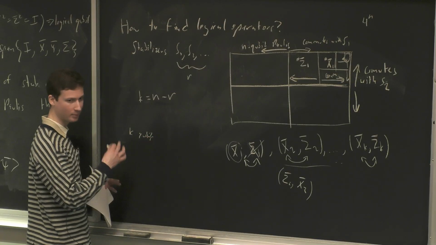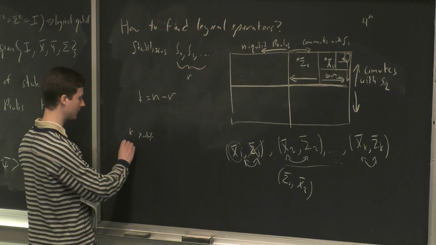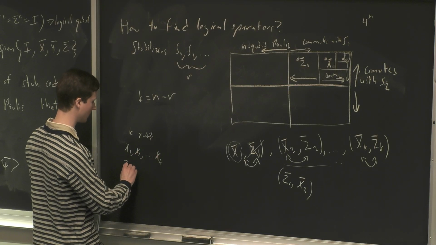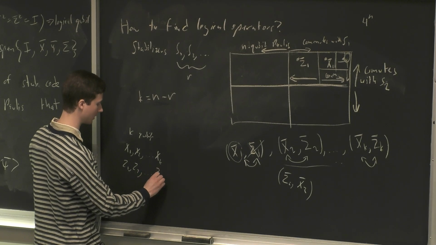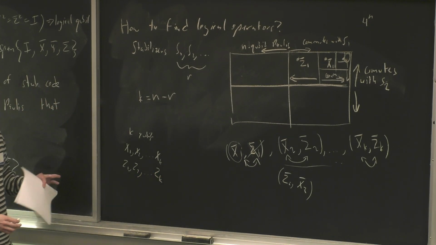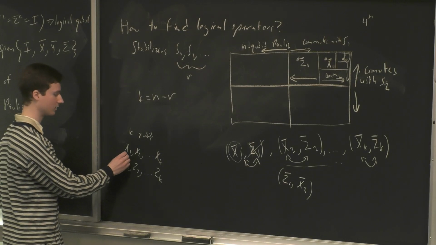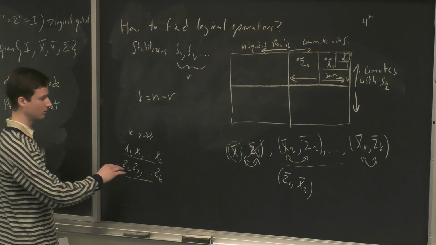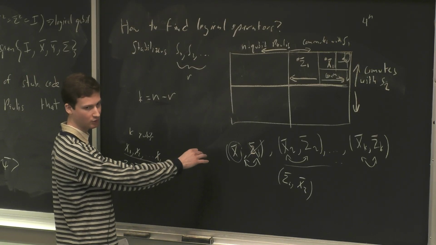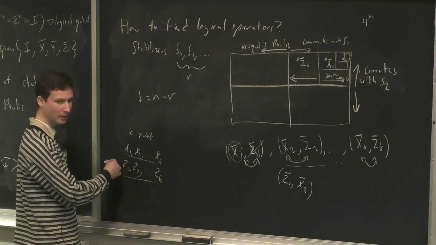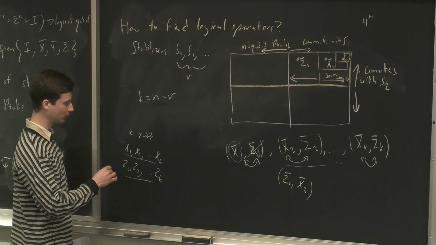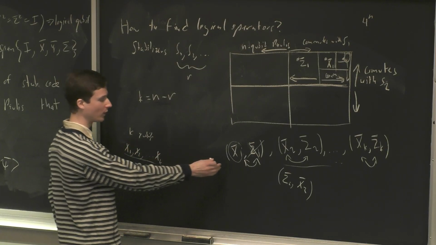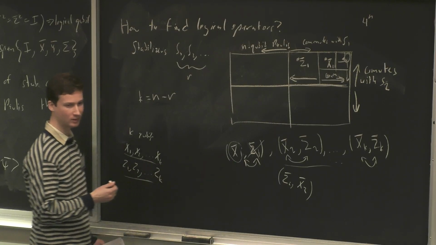On k qubits, we just have bare, non-logical, physical Pauli operators like x1, x2, all the way up to xk, and then z1, z2, all the way up to zk. So on k ordinary physical qubits, we have these k x Paulis and k z Paulis. Essentially, our code is just doing a basis change, mapping ordinary Paulis to these logical Paulis. So anything we could do on k ordinary qubits, we can now do on k encoded qubits using these logical operators.